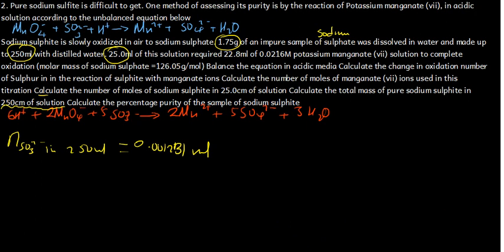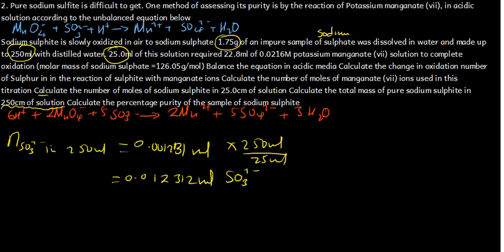Because we want to find how many moles are in there. And so we'll multiply by 250 milliliters over 25 milliliters, and that is going to give us a value of 0.012312 moles of sulfite.